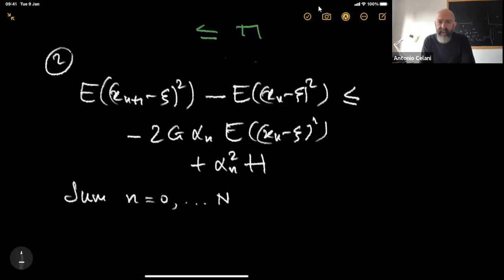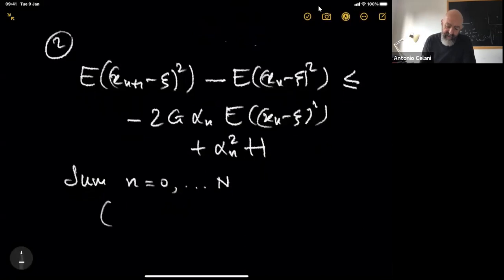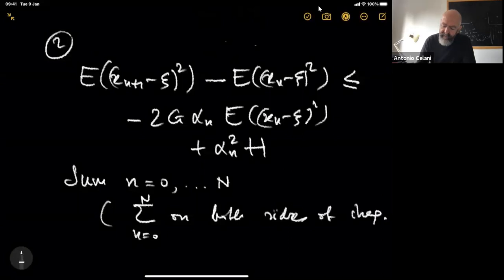So when I sum the differences, all the terms in the middle will go away, and I will be left just with the last and the first term in the sum. So this means the sum with n going from 0 to N on both sides of the inequality.